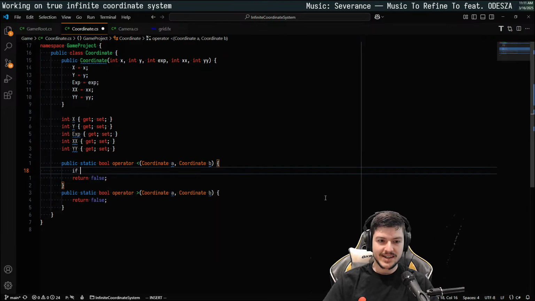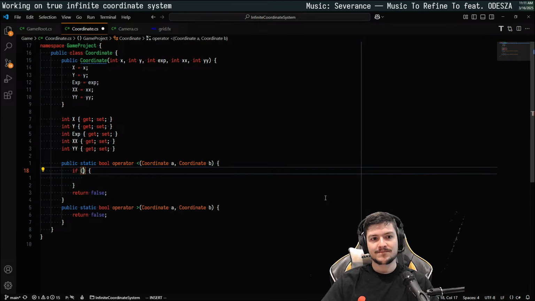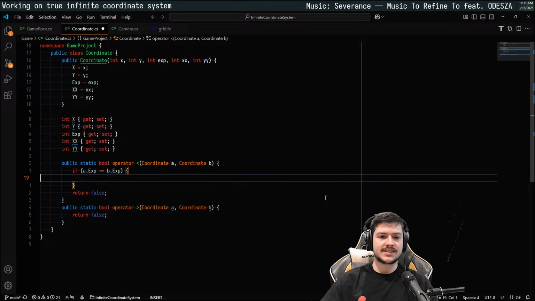I'll probably have to rewrite this many times before I understand. If a dot exponent equals b dot exponent, so that means the numbers are on the same scale. So if they're the same, then you have to check.